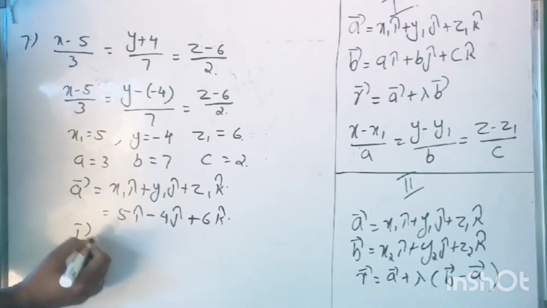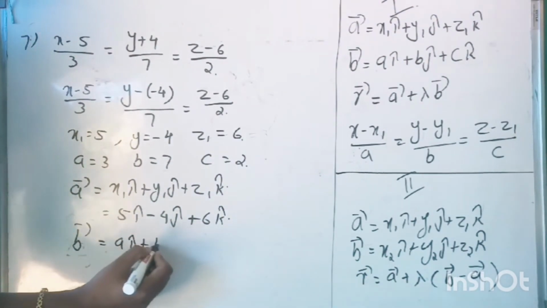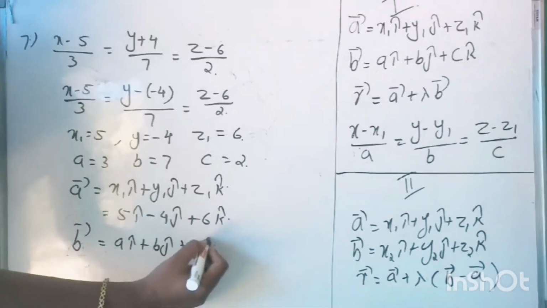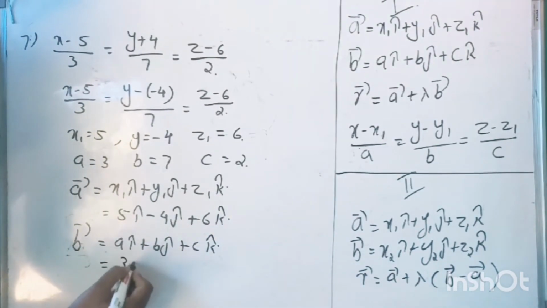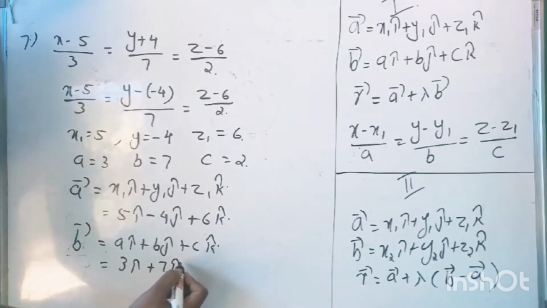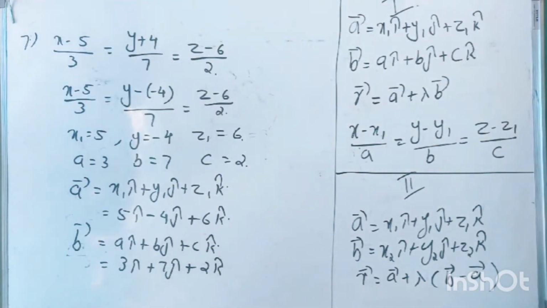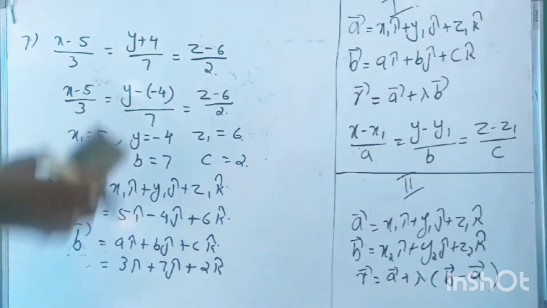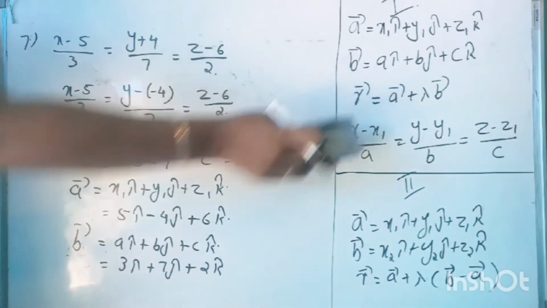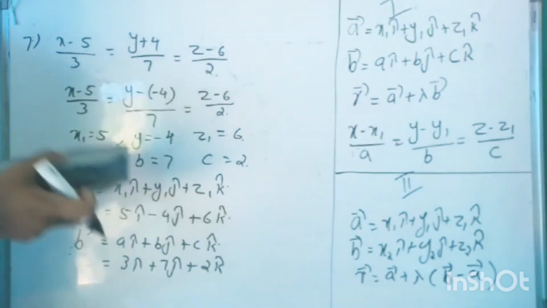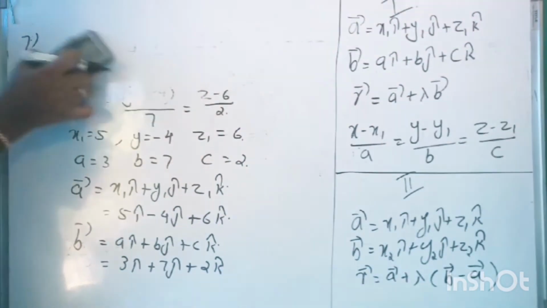And B vector is equal to Ai plus Bj plus Ck, that is equal to 3i plus 7j plus 2k. So we got A vector and B vector. We need to write it into vector form. The vector form corresponding to that is R vector is equal to A vector plus lambda B vector.